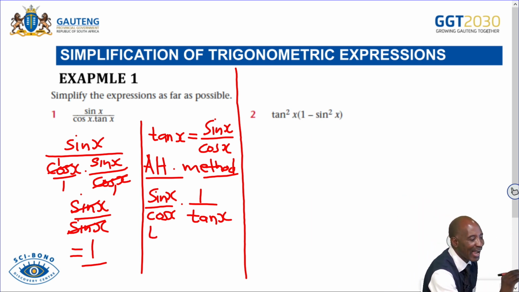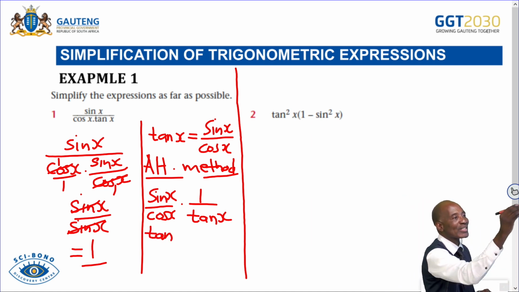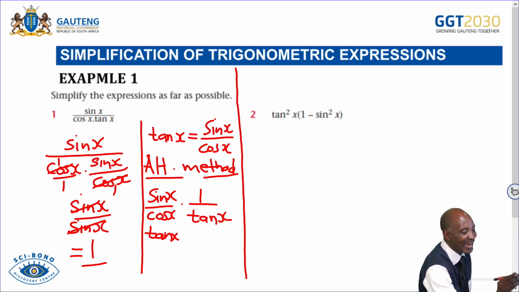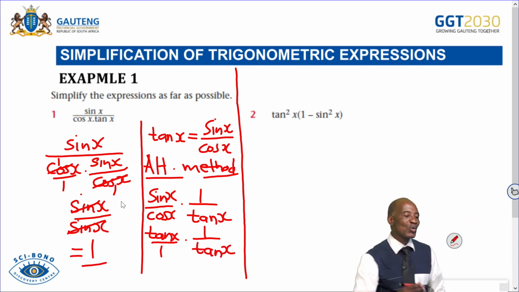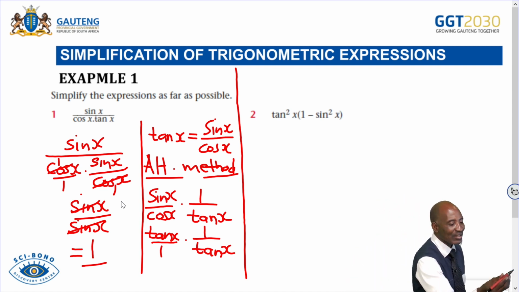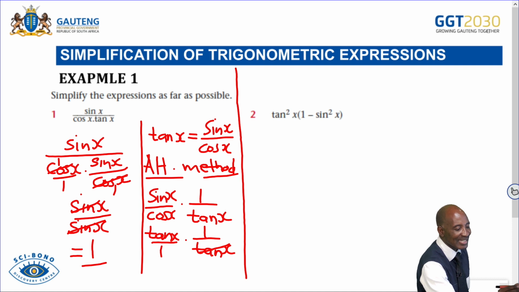So we're going to have tan, from sine over cosine is always tan x over 1 multiplied by 1 over tan x. It's up to you here to decide whether you want to multiply and have tan over tan, or you are going to divide tan into itself 1, tan into another tan 1.